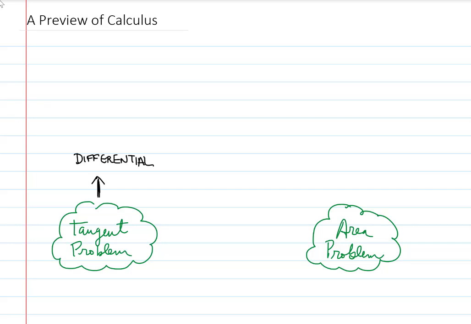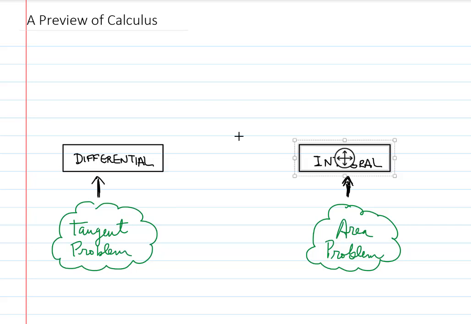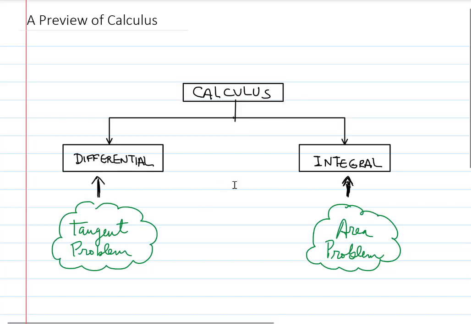And this second problem, the area problem, just sort of gave birth to integral calculus. These two form part of the same topic here. Differential and integral calculus, they form part of our subject of interest. Okay, so calculus has these two main parts, differential and integral calculus.